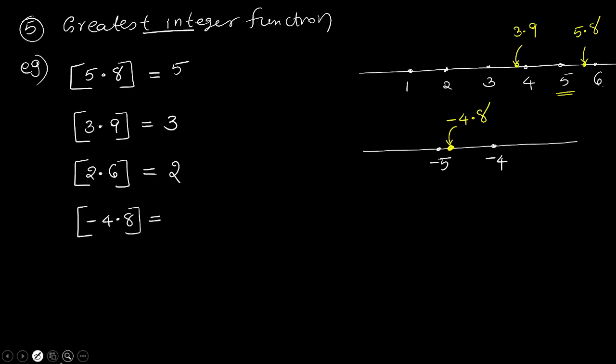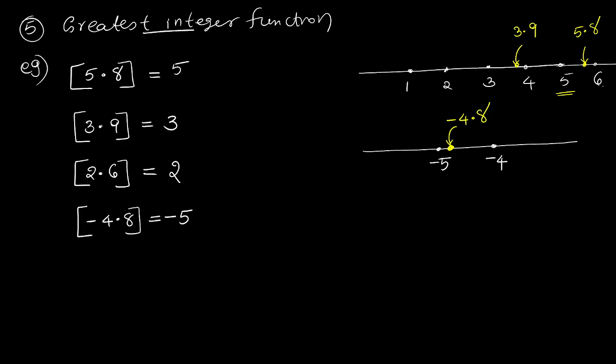Look at this portion of the number line. What is the integer lying on the left side of minus 4.8? What is the integer which lies immediately to the left of the fraction? Immediate left side. That integer is minus 5. So you have to take the integer on the immediate left side.